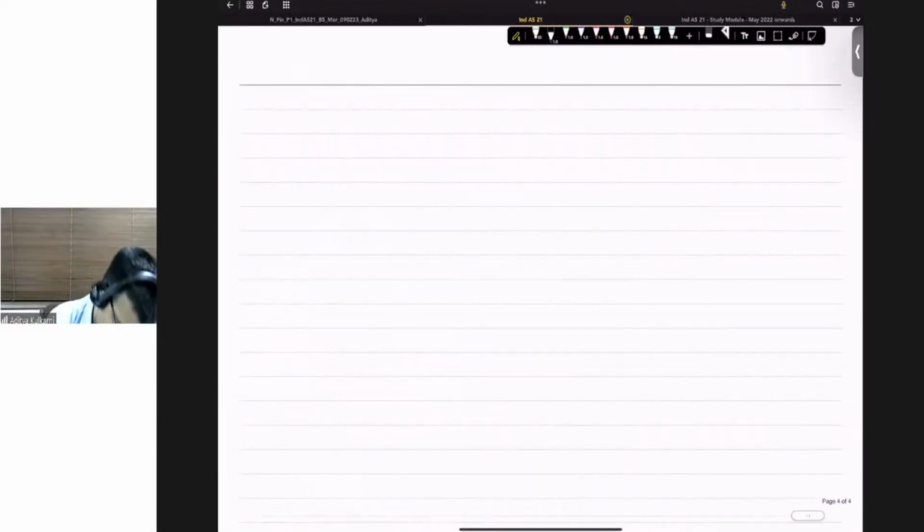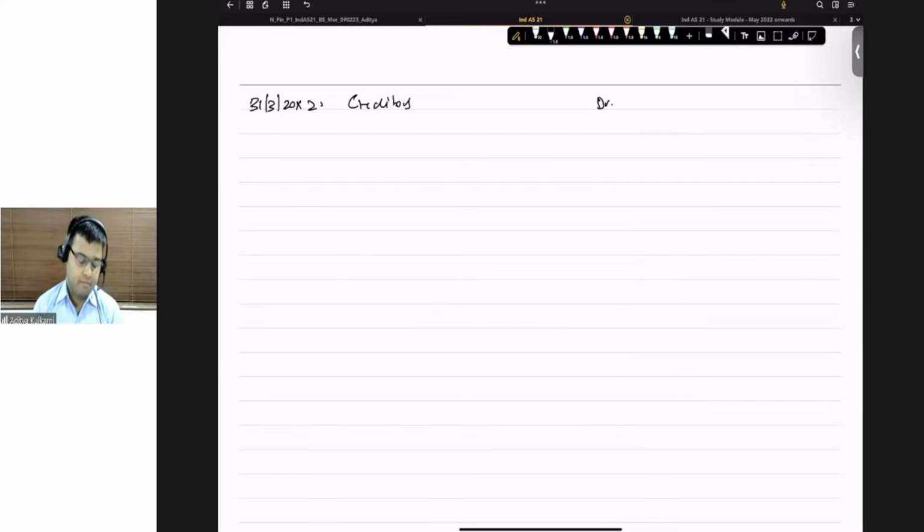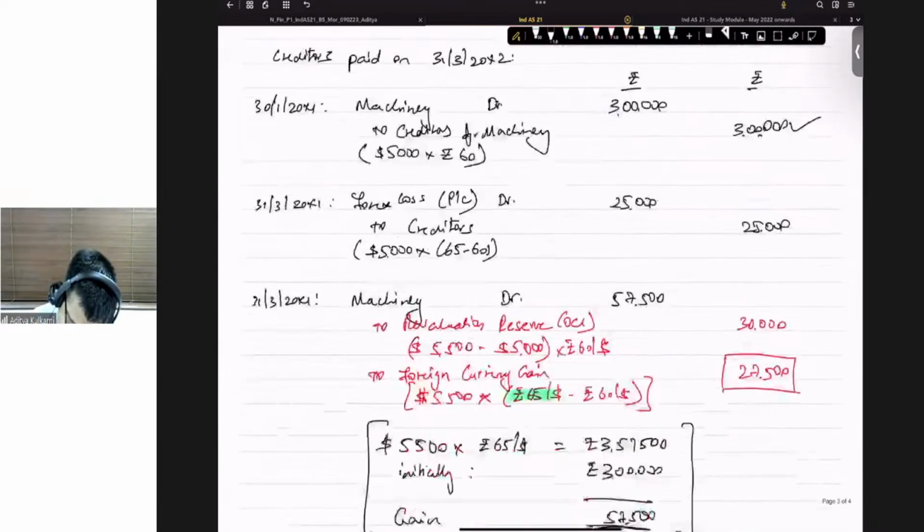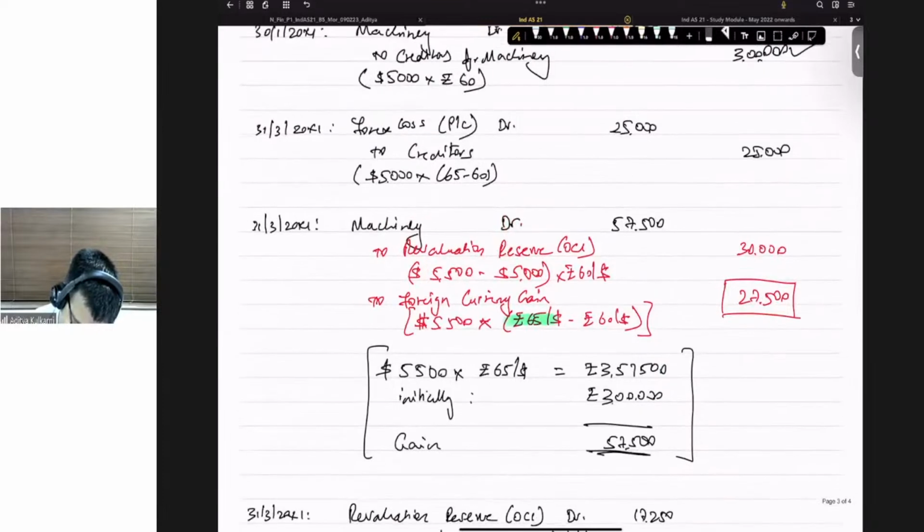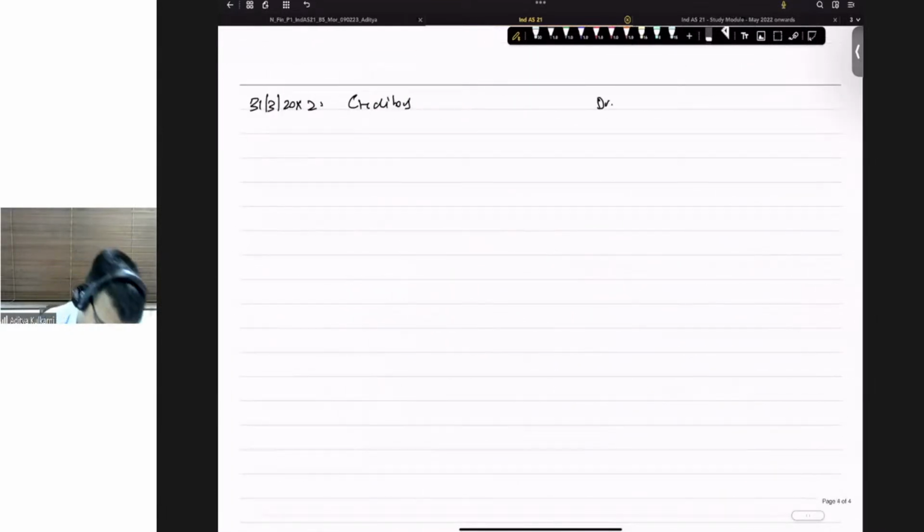So the entry for the payment will be creditors debit, 3 lakh creditors plus 25,000, 3,25,000, to bank.